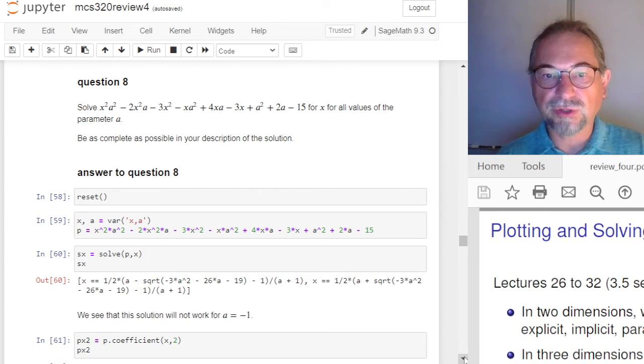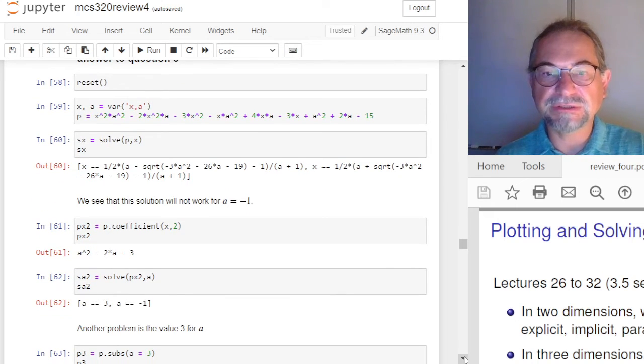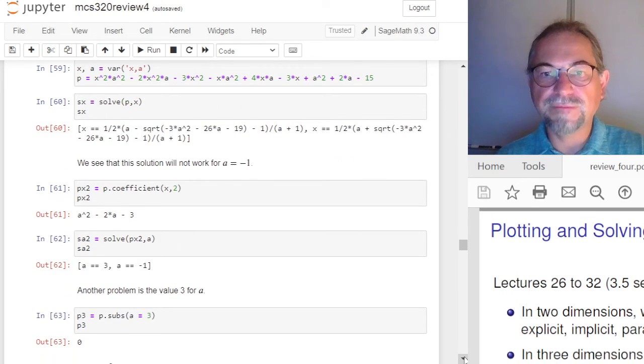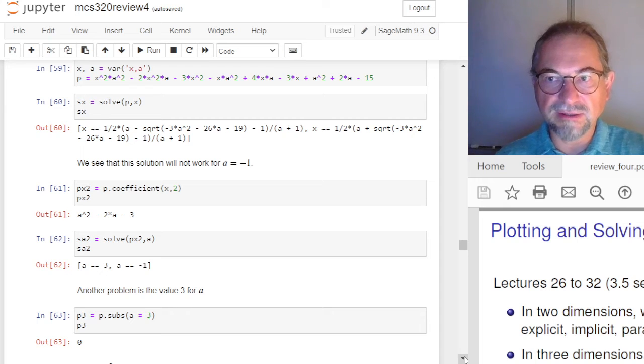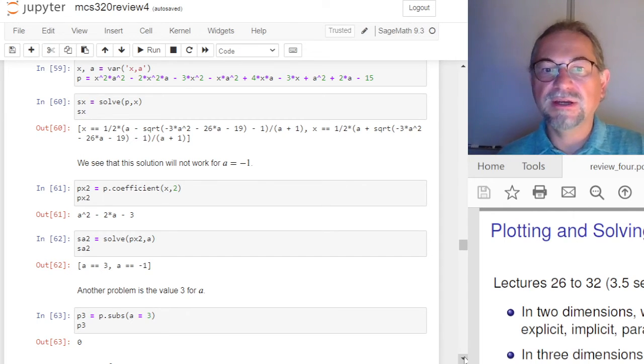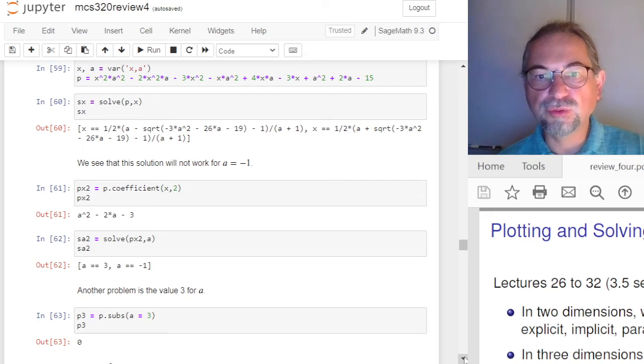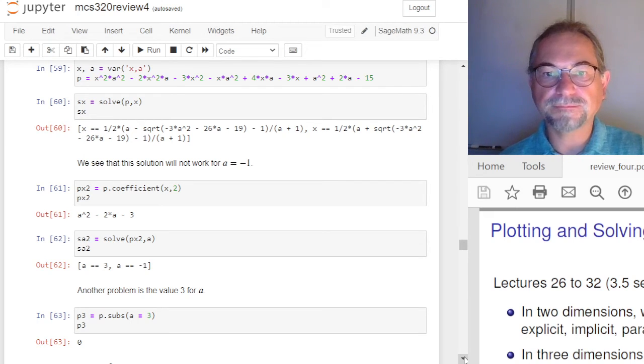So here also I could ask for a piecewise to define the solution of this quadratic equation in x. So what this question does, this question prepares for this. So you see that if we look at the leading coefficient, which is in x squared, that coefficient actually has root a equals -1.